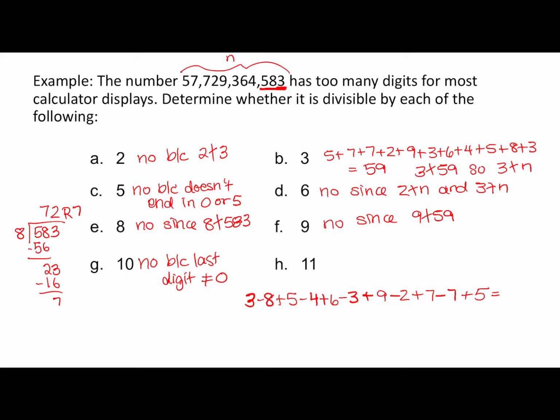And if we add and subtract all of that, what I get is 11. And I need to check if 11 divides that alternating sum. Sure, 11 divides itself. So we can conclude that 11 does divide n. And that's our first positive answer here.